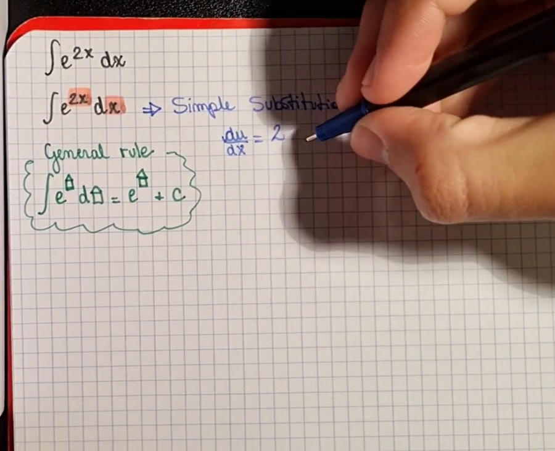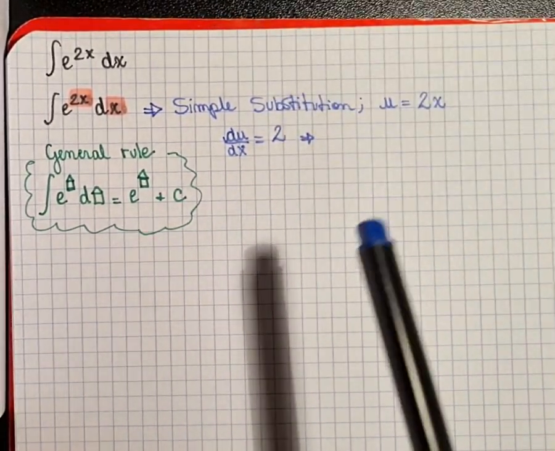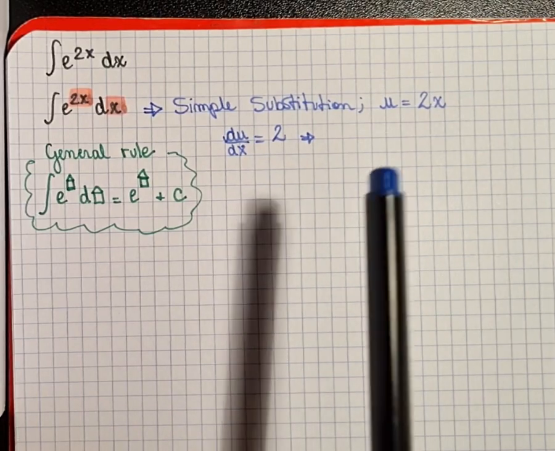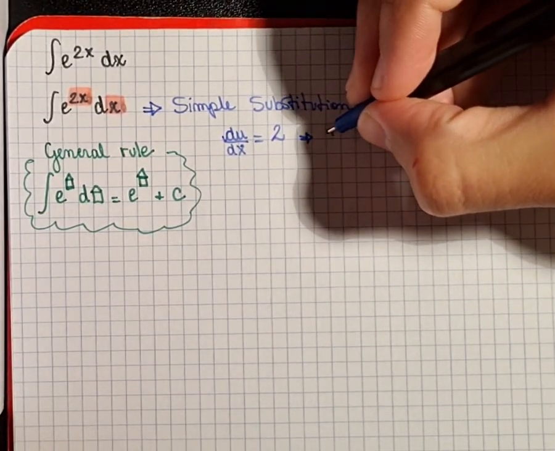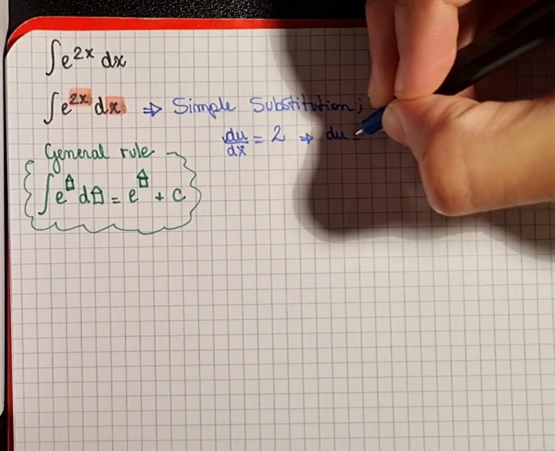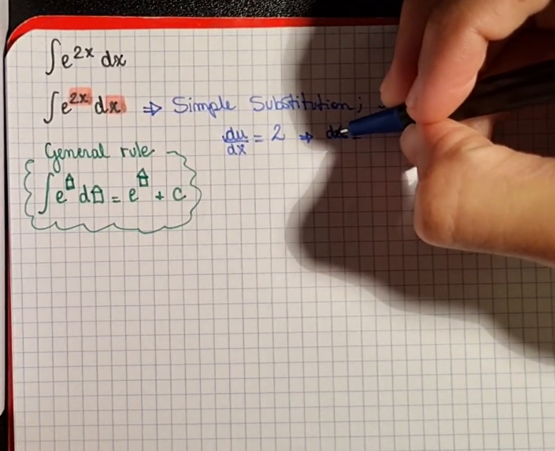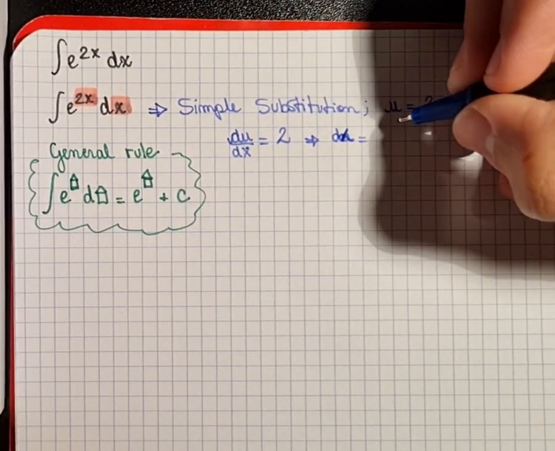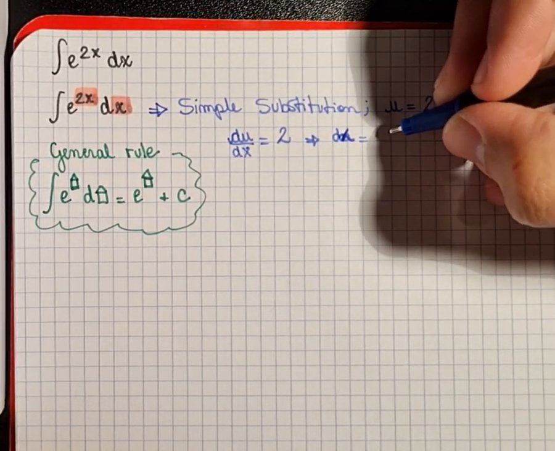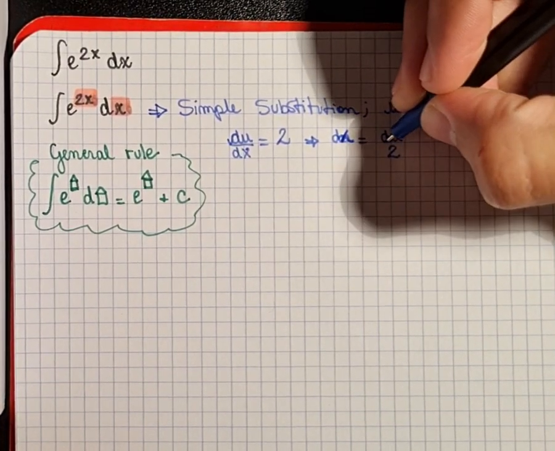We can adjust this expression to find how dx can be written as a function of du. We come to the following result: dx is equal to du divided by 2.